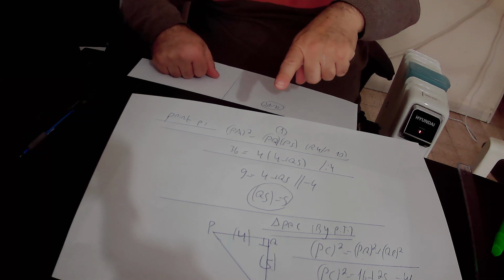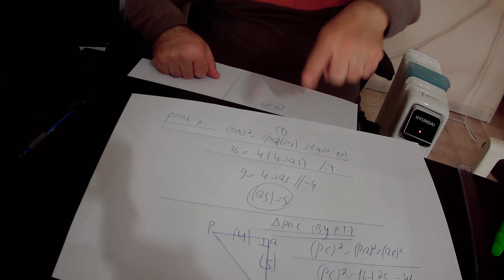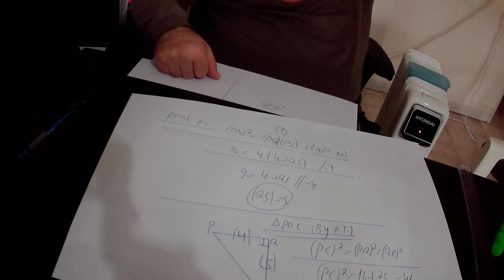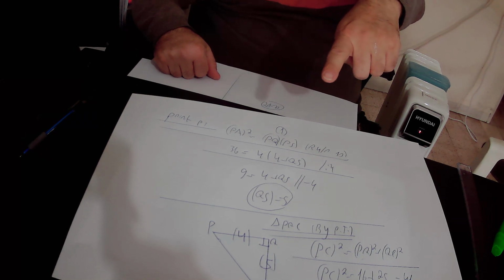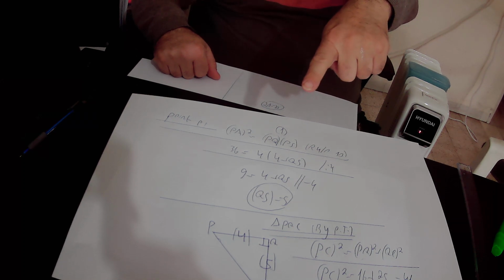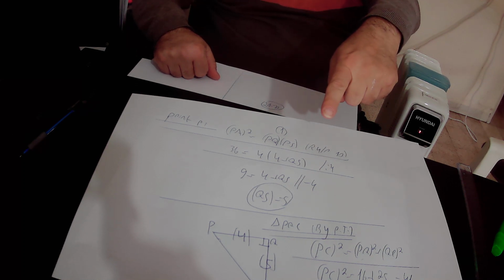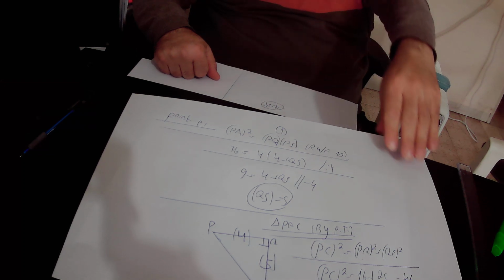So, in conclusion, 36 equals 4 times (4 plus QS). Here, we divided this equation by 4, and finally found that 36 over 4, which is 9, equals 4 plus QS. Subtracting 4, we found that QS equals 9 minus 4, that is 5.